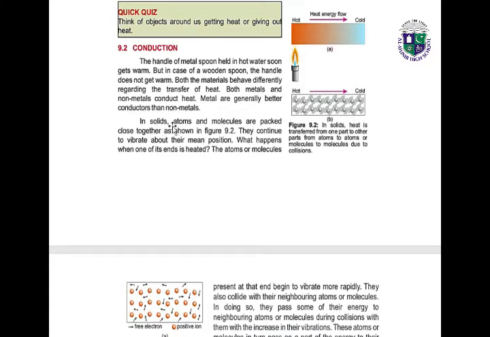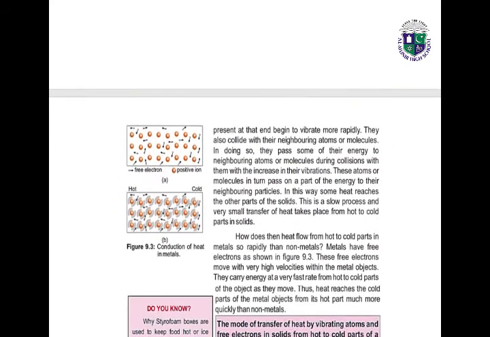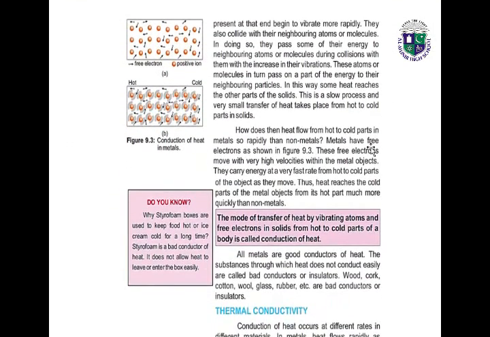In solids, atoms and molecules are packed close together. They continue to vibrate about their mean position. What happens when one of its ends is heated? The atoms or molecules present at that end begin to vibrate more rapidly, as shown in this figure.